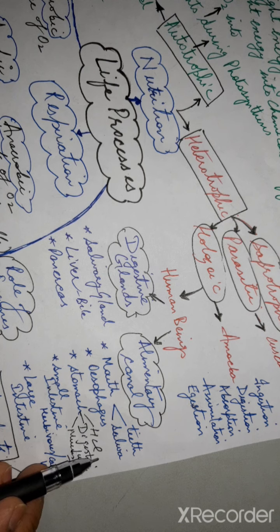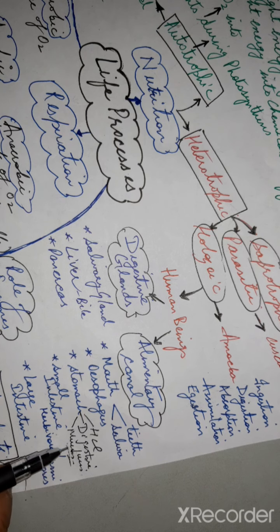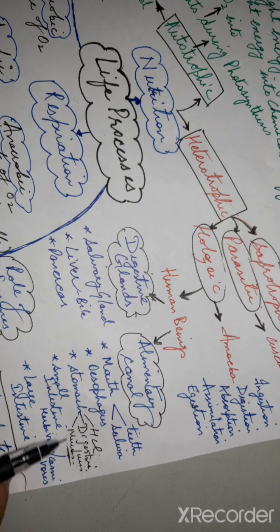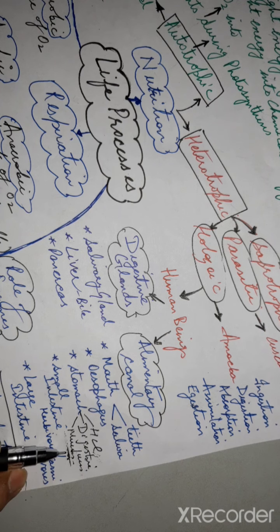Moreover, it makes the medium of the stomach acidic so that the enzymes can work well. Digestive juices have some enzymes which help in digestion of food. And mucus protects the inner lining of the stomach from HCl because it is acid. So the mucus covers the inner lining of the stomach so that the action of HCl cannot damage the lining of the stomach.